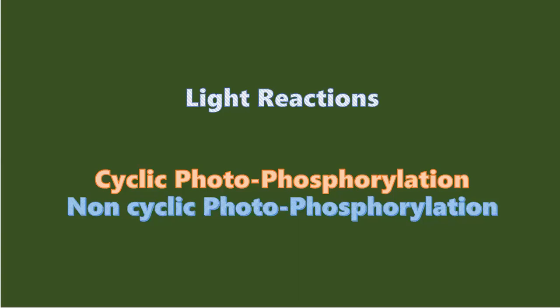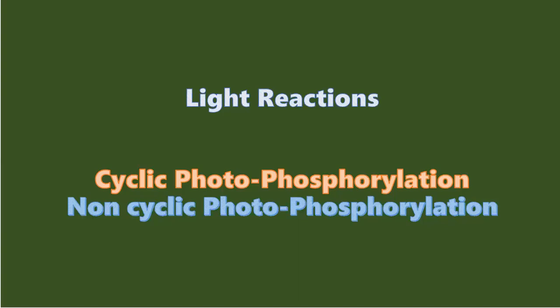In the light reactions, plants use the sunlight to produce chemical energy in the form of ATP and NADPH. The products of this light reaction are consumed in the dark reactions.